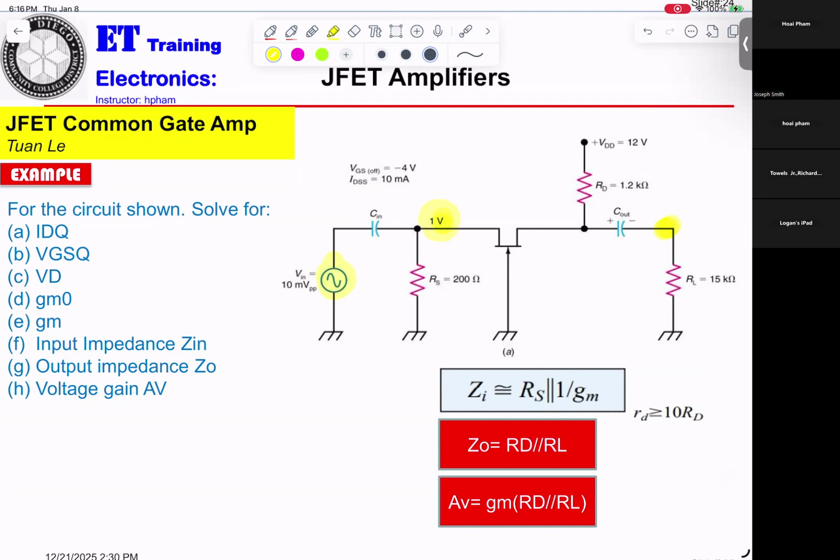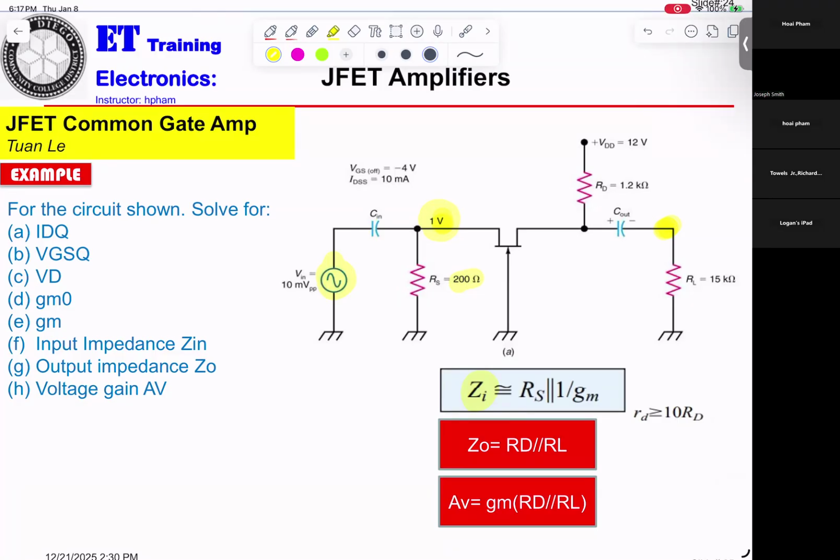So for the common gate, the input impedance is low, right? Only 200 ohms? Input impedance, where RS is at? That resistor RS, you see that here, G in. Yeah, ZIN equals RS parallel 1 over GM.